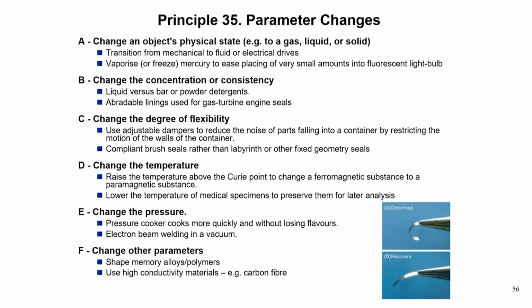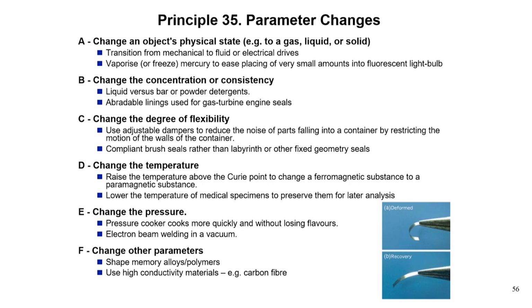I will now go to the next principle, principle 35, which talks about parameter changes. Now, there are many parameters. So, parameter change is a vast principle. For example, change an object's physical state, to a gas, liquid or solid, is one parameter change.